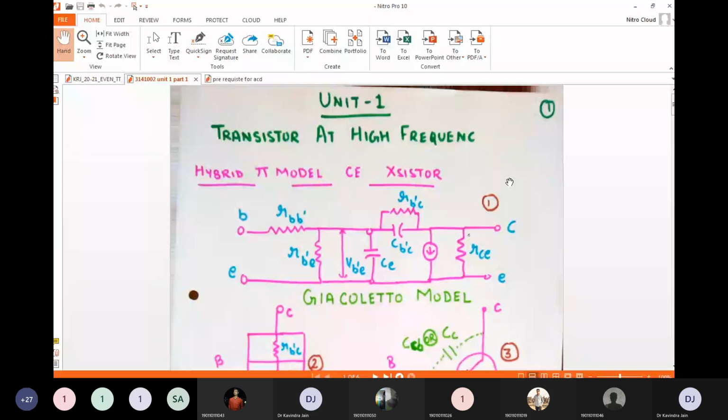Yes, can you repeat from transistor? Yes. At low frequencies, transistor responds immediately or instantly to the changes of input voltage or input current.